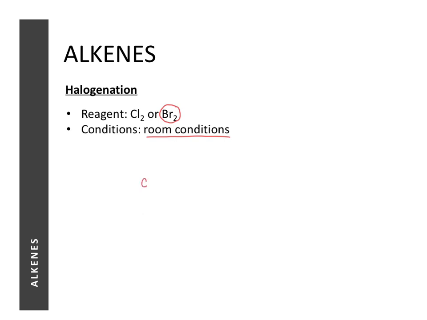Let's take a look at the product first. Once again, if I have ethene reacting with bromine, the product that I will get is by breaking one of the bonds in the double bond and adding a bromine to each carbon atom. This is your 1,2-dibromoethane.